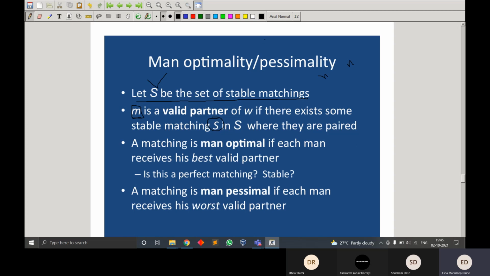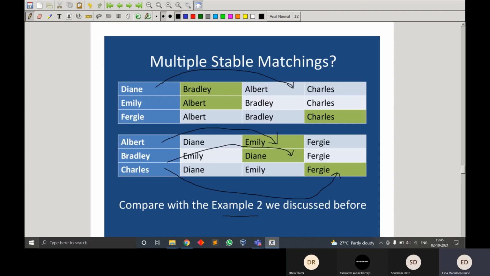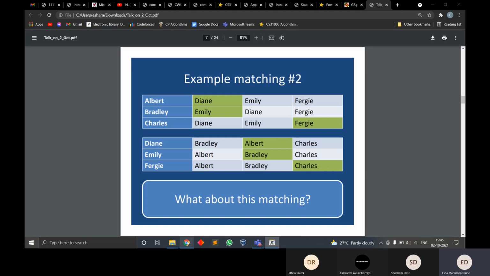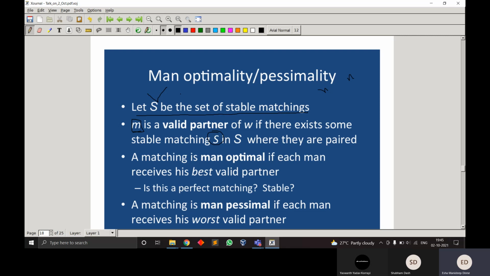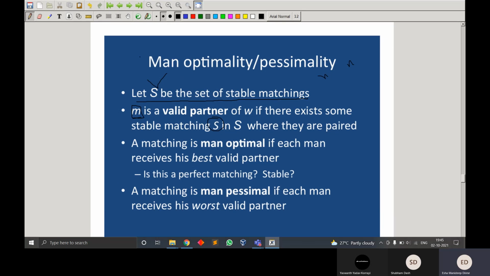So in this example, Diane and Bradley are a valid pair, because in this stable matching Diane and Bradley are matched, and clearly Diane and Albert are also a valid pair, because in this matching they are paired. And now a matching is man optimal, as the word itself explains, if each man receives his best valid partner.